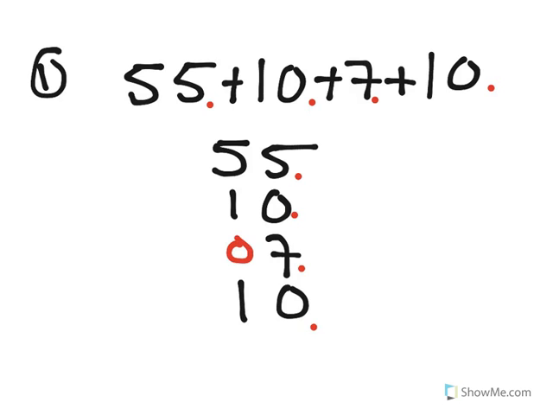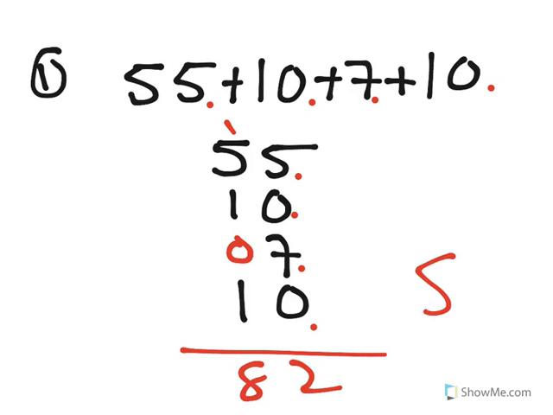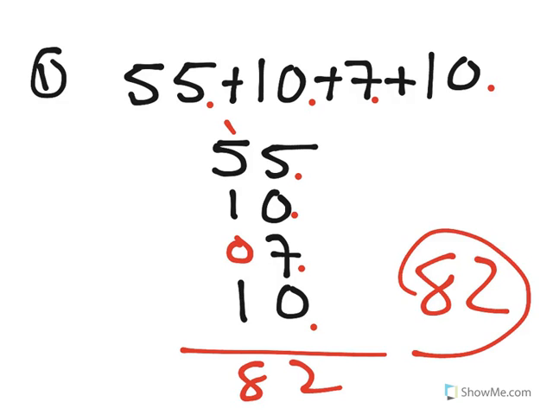I also like to add a 0 there. So now I'm going to go ahead and add. When I add 5 plus 0 plus 7, I get 12. When I add 1 plus 5 plus 1 plus 1, I get 8. So your answer to this problem is 82.